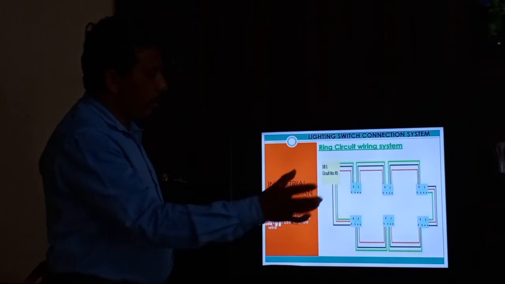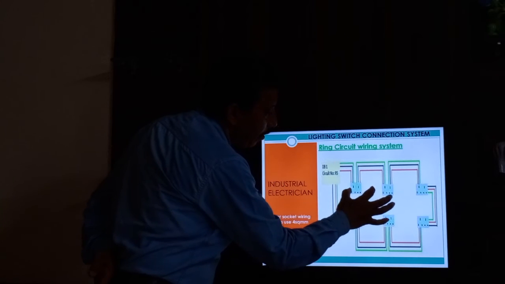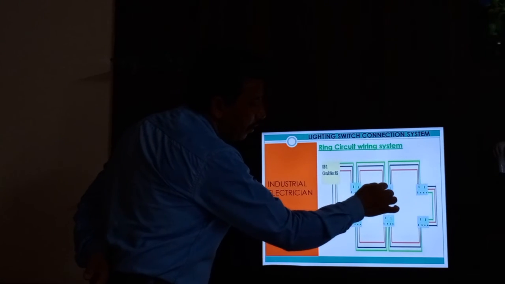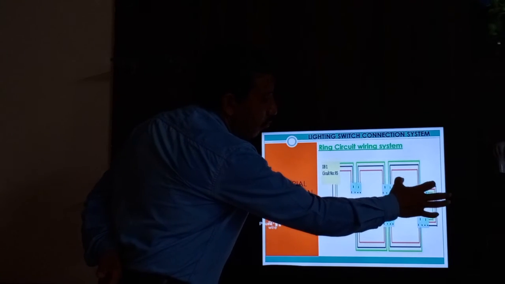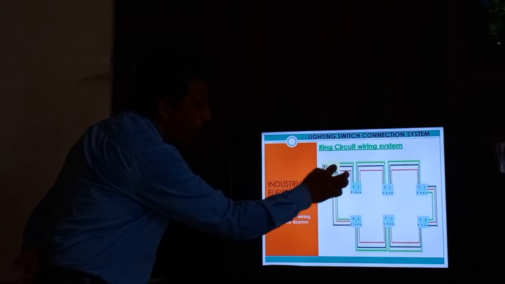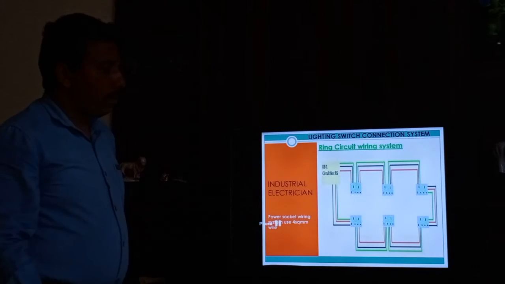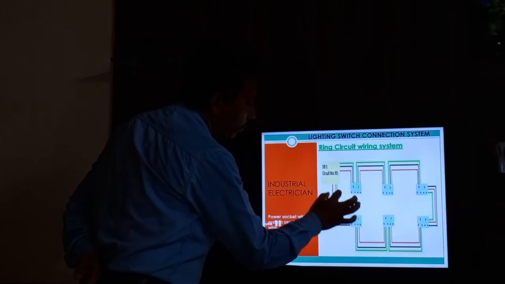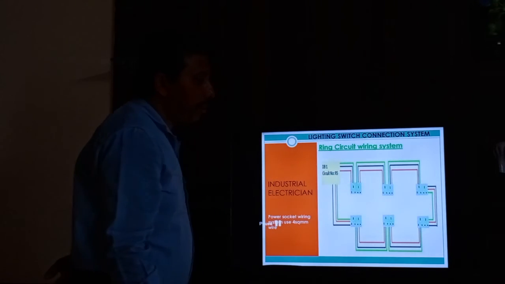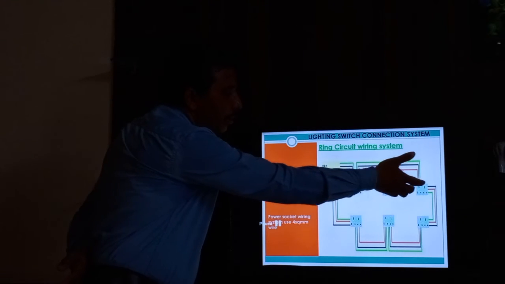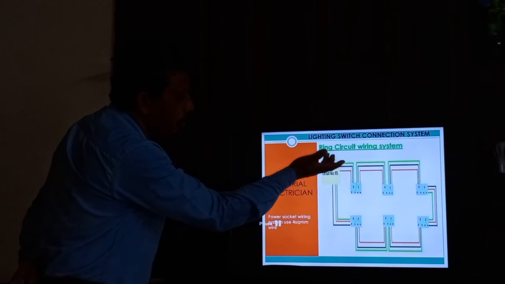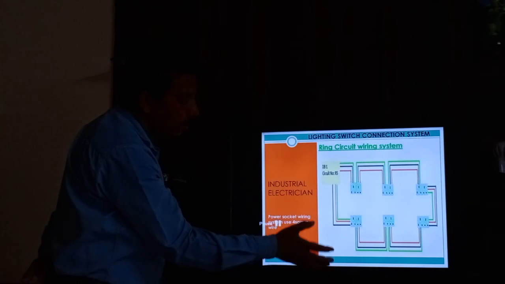Suppose three devices are in use: there is an iron, a water pump, and something else. If the six wire is given together, all of this load is on it, and if the six wire goes directly to the DB, only that load is there and voltage is there. After that, there is no more volt. So we can divide the voltage directly through the DB.